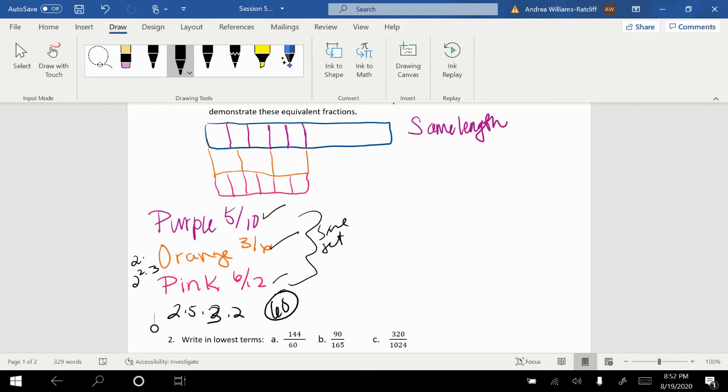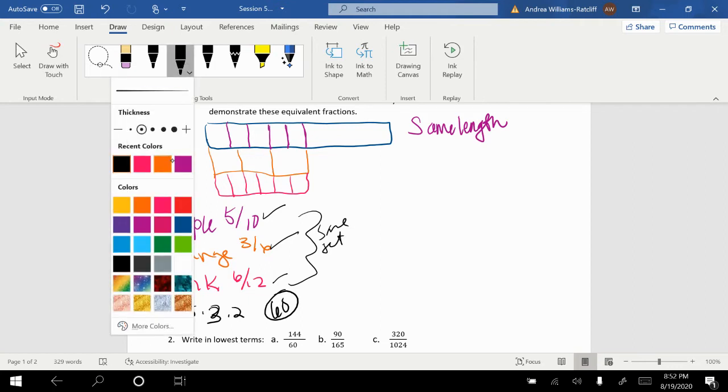Okay, so let's start out with the tenths. I have 60 counters. I want to replicate 5/10, so I'm going to make 10 groups to replicate each one of those tenths. If I do that, then I automatically have to have 6 in each group. I'm going to color these purple the first time around so we can see that 60 counters is going to work.